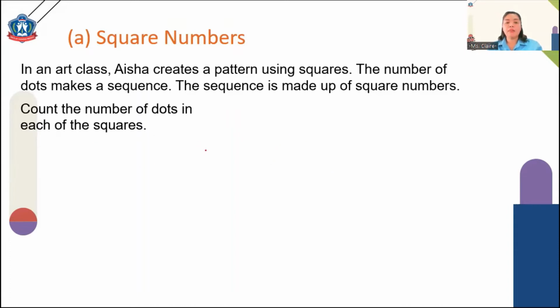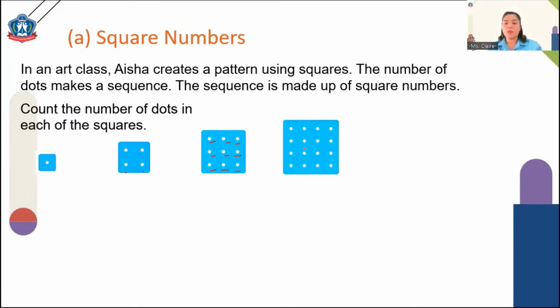Now let's count the number of dots in each of the squares. So how many dots in here? We have 1. On the second, we have 1, 2, 3, 4. On the third square, we have 1, 2, 3, 4, 5, 6, 7, 8, 9.